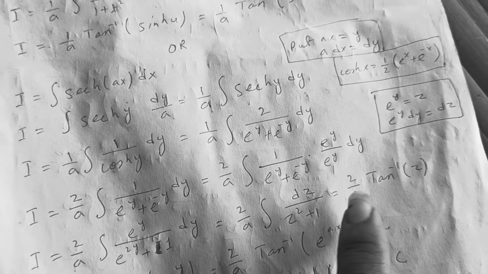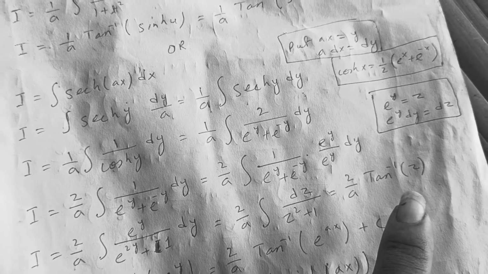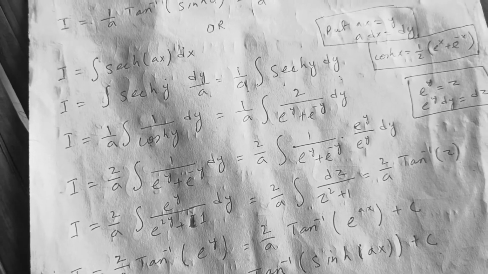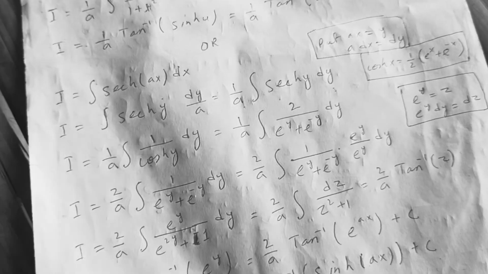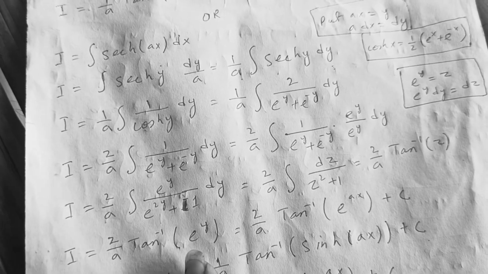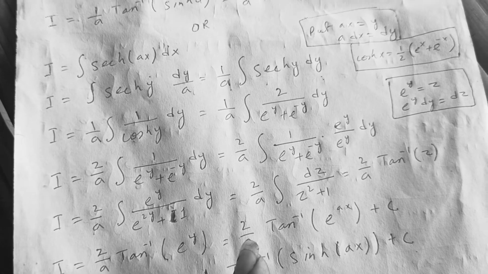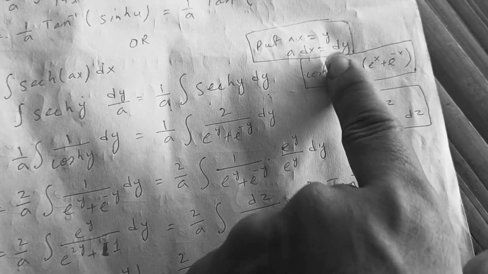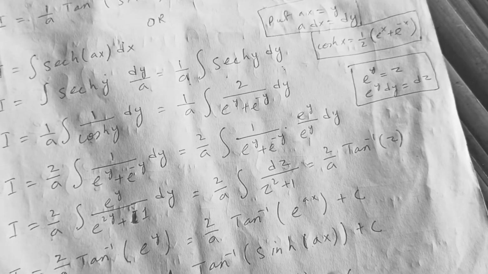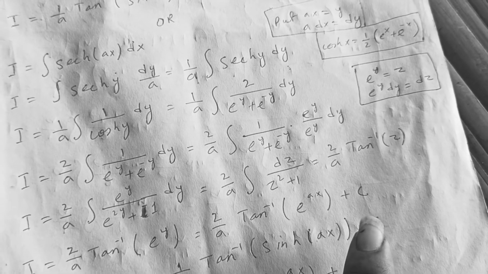This is nothing but the inverse tangent of z, right? So which is 2 upon a tan inverse of z, and z is nothing but e to the y, and y is nothing but ax. So we get 2 upon a tan inverse of e to the ax plus the constant of integration.